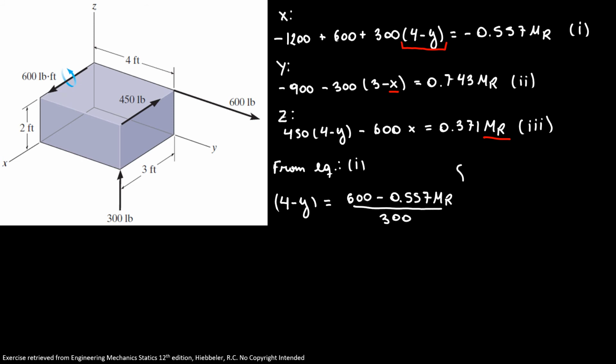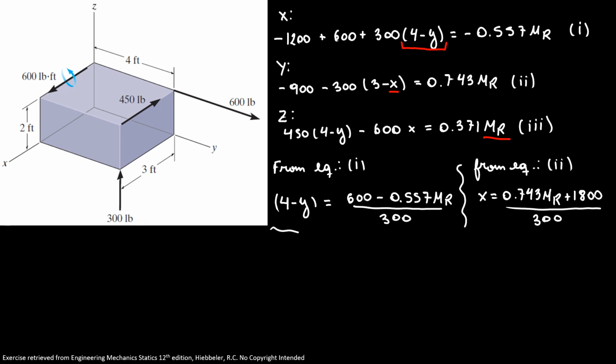And from equation 2, I have that x equals 0.743 times the resultant moment plus 1800 over 300. So here are our 2 unknowns that I'm going to insert in the last equation, equation 3.